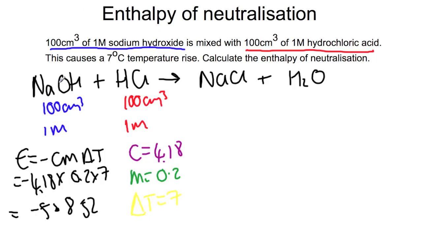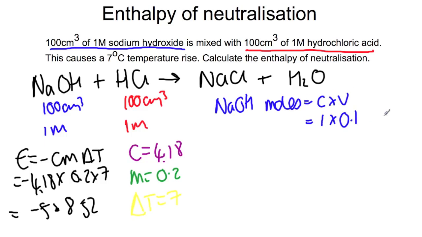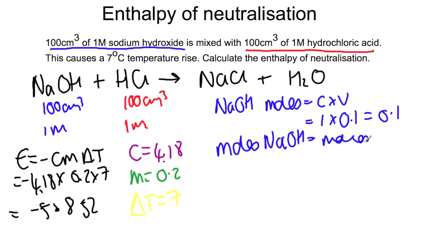The next thing we need to do is to work out how many moles of water we actually produced. So if we take one of our reactants, for example sodium hydroxide, and we look at the moles of sodium hydroxide that we used, moles equals concentration times volume, so we have 1 times 0.1 to give us 0.1 moles of sodium hydroxide. Moles of sodium hydroxide are equal to the moles of water produced, looking at the mole ratio within the equation, which means that you produced 0.1 moles of water.